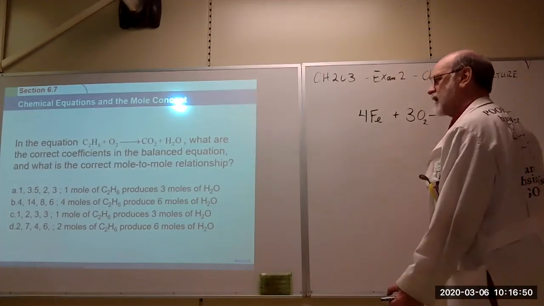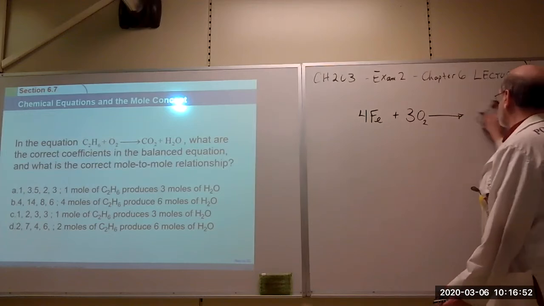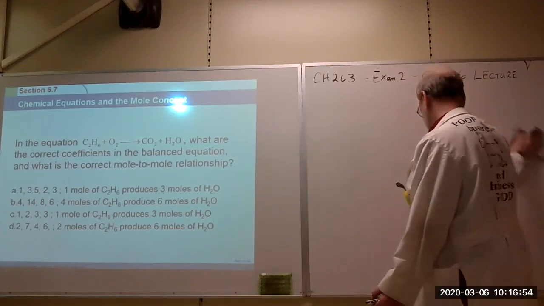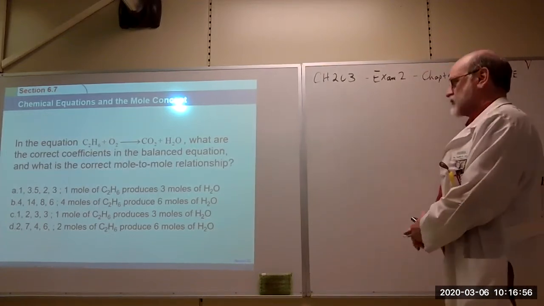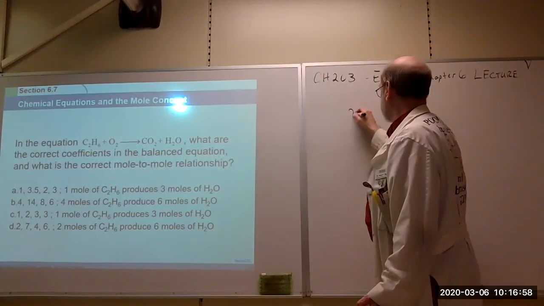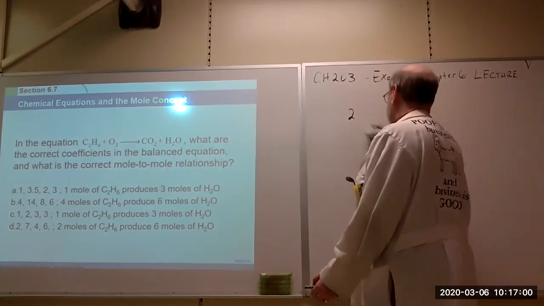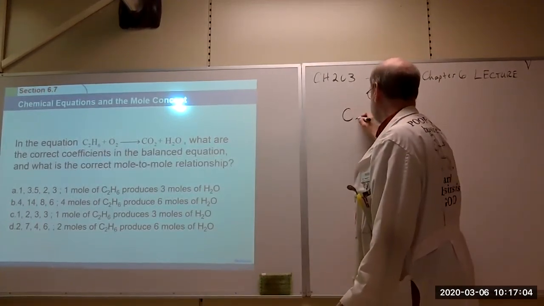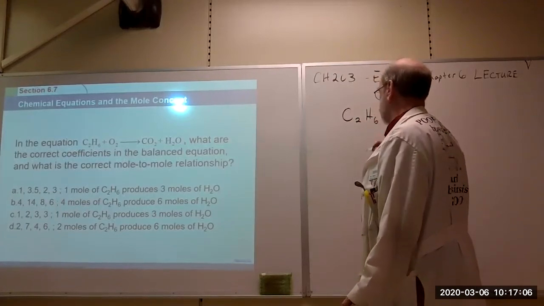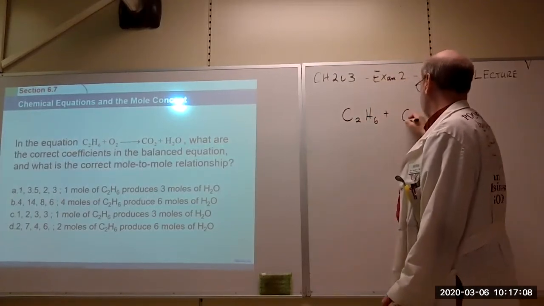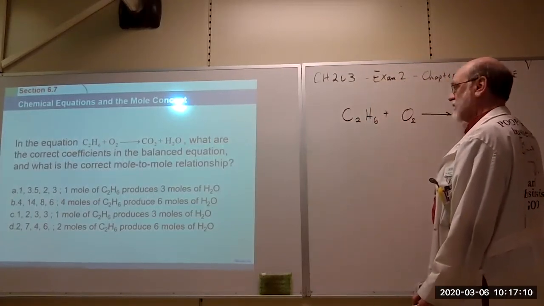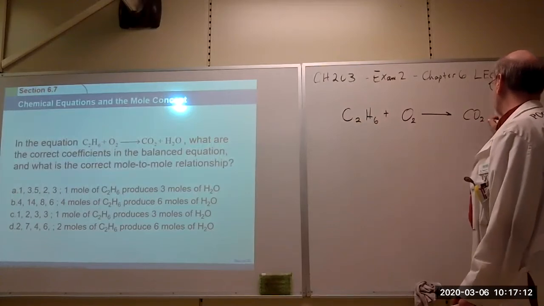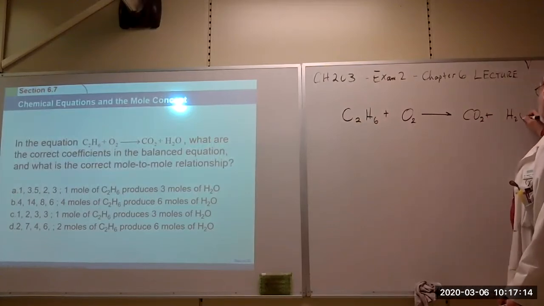Okay, so they want us to balance that equation. That's okay. We can do that. We're masters by now, aren't we? C2H6. We're going to burn it and make carbon dioxide and water.